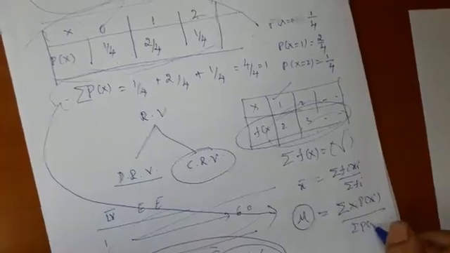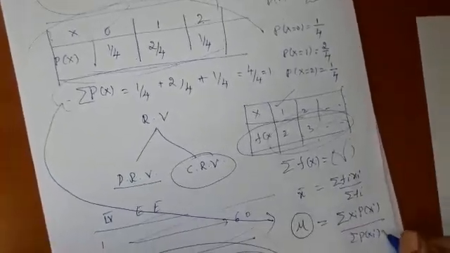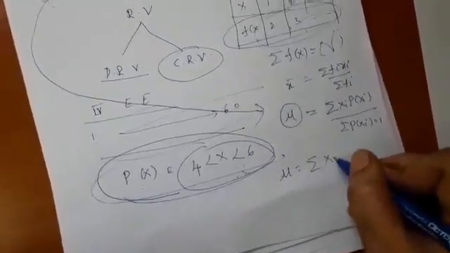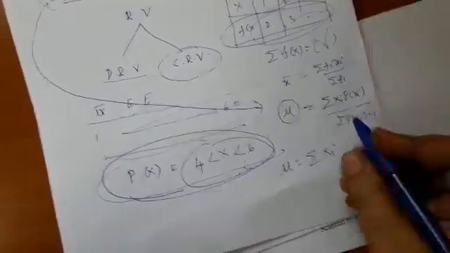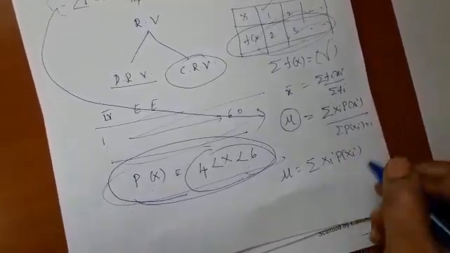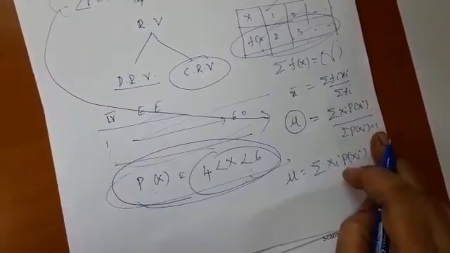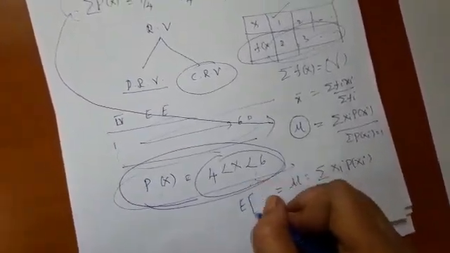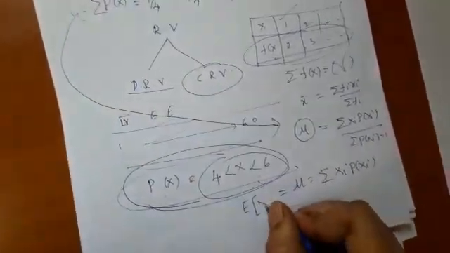But the total frequency here must equal 1. Therefore the mean formula for a discrete probability distribution is sigma xi into p of xi. Since the total probability is equal to 1, this mean is also denoted by the expectation of the random variable X.